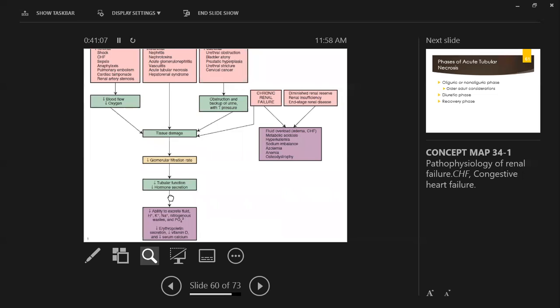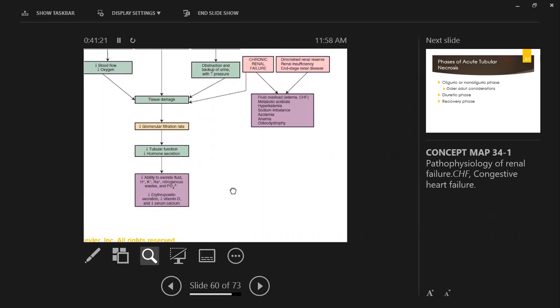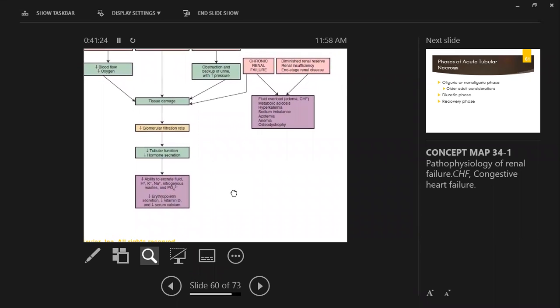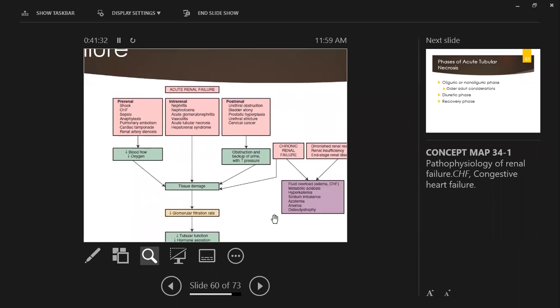Also, we would see a decreased tubular function and decreased hormone secretion as a result, which would result in the inability or decreased ability to excrete fluid, hydrogen, potassium, sodium, nitrogenous wastes, and our phosphorus. So, decreased erythropoietin secretion, decreased vitamin D, and decreased serum calcium may also be seen as a result.